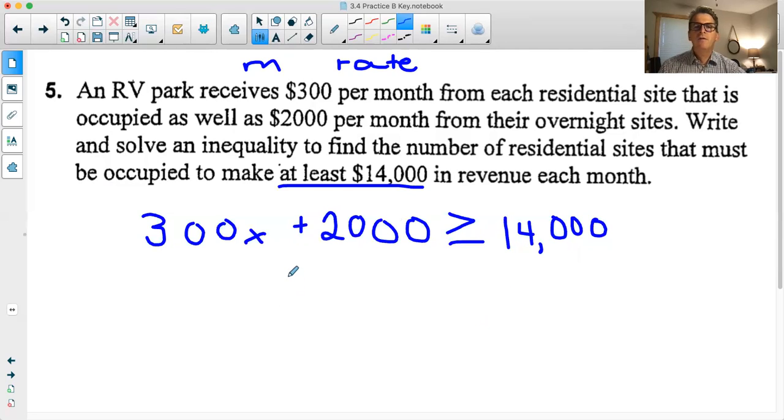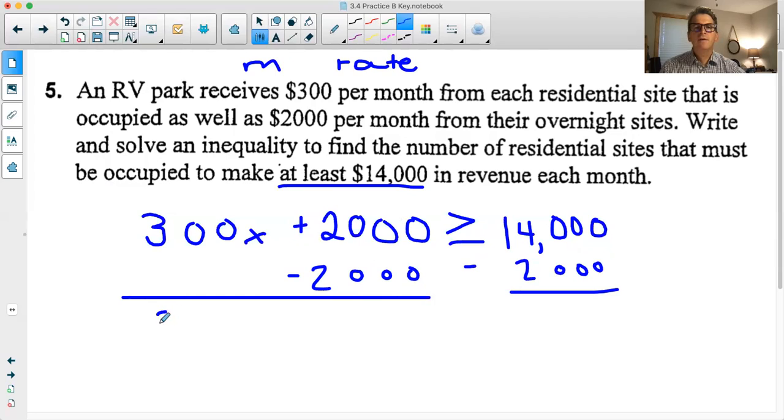If you're going to solve this, you're going to subtract the 2,000 from both sides. That gives you $300 a month times X units greater than or equal to $12,000.